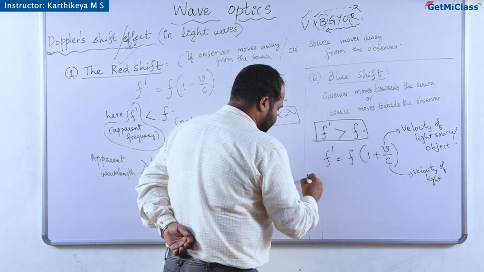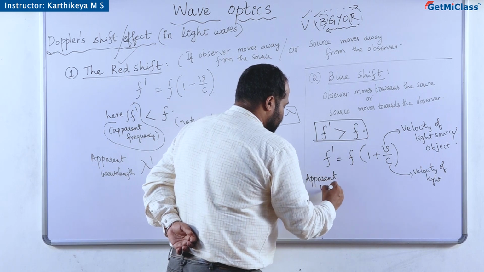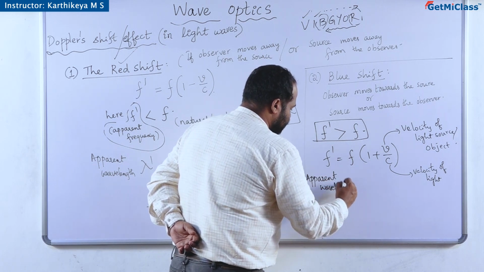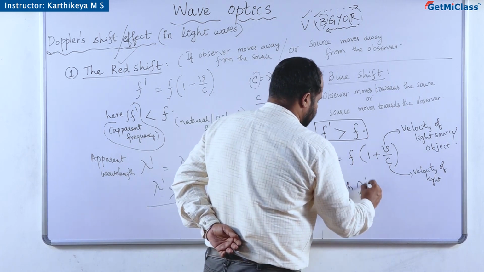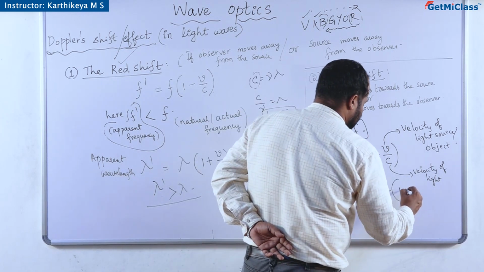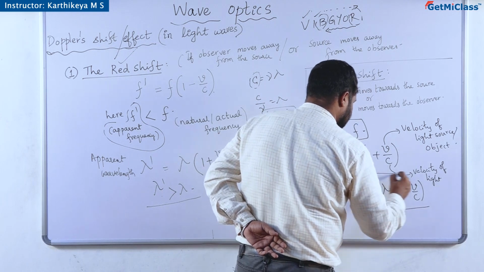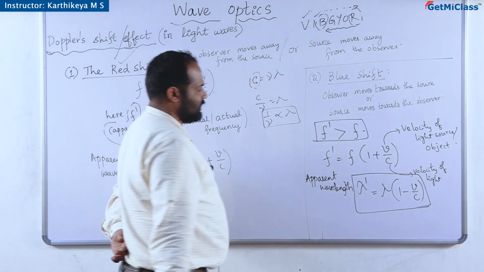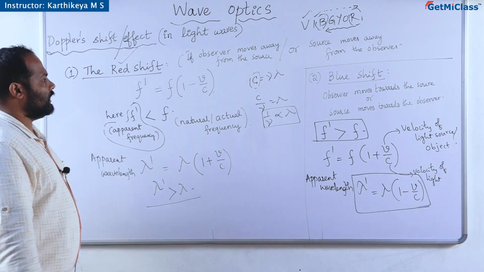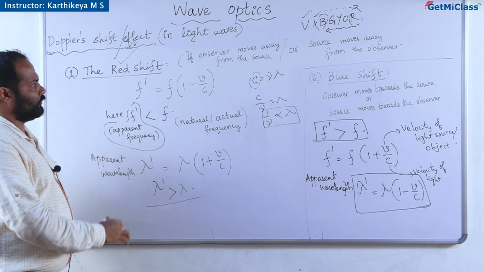So the apparent wavelength will be lambda dash is equal to lambda into 1 minus v by c. So this is about blue shift and red shift.